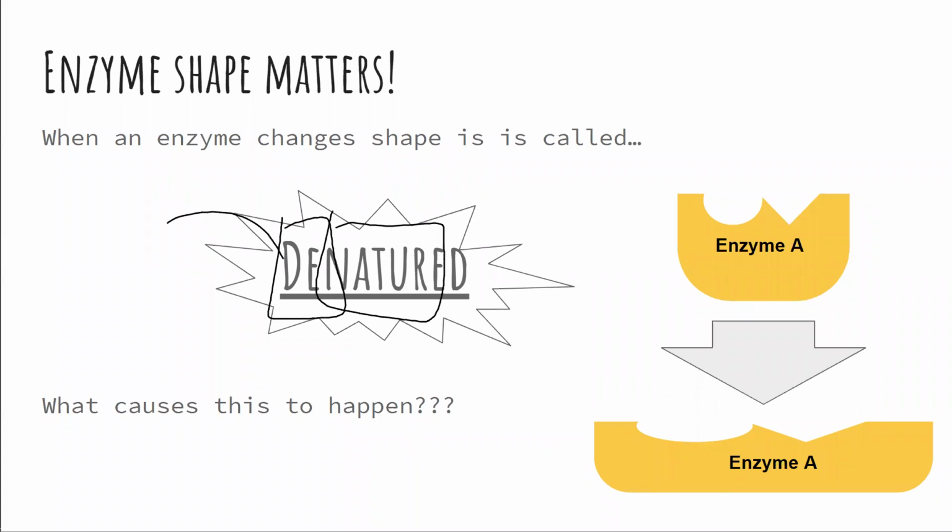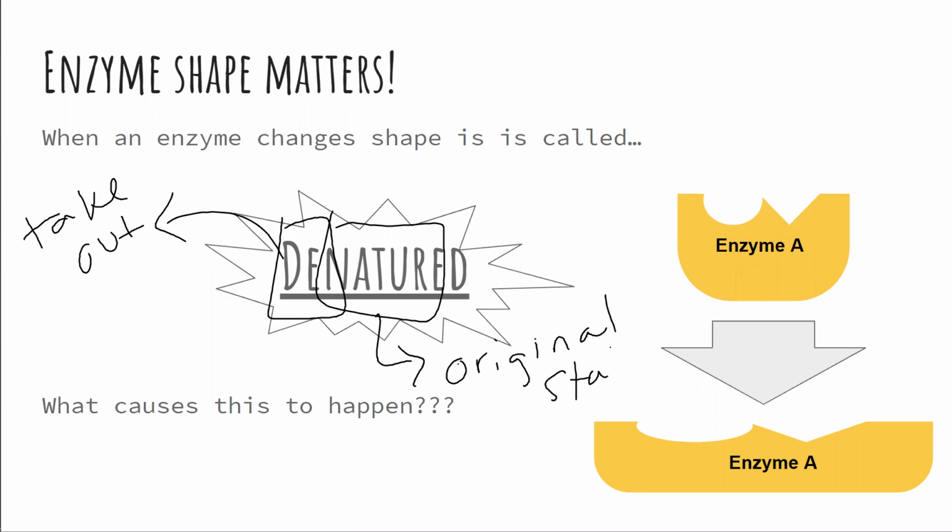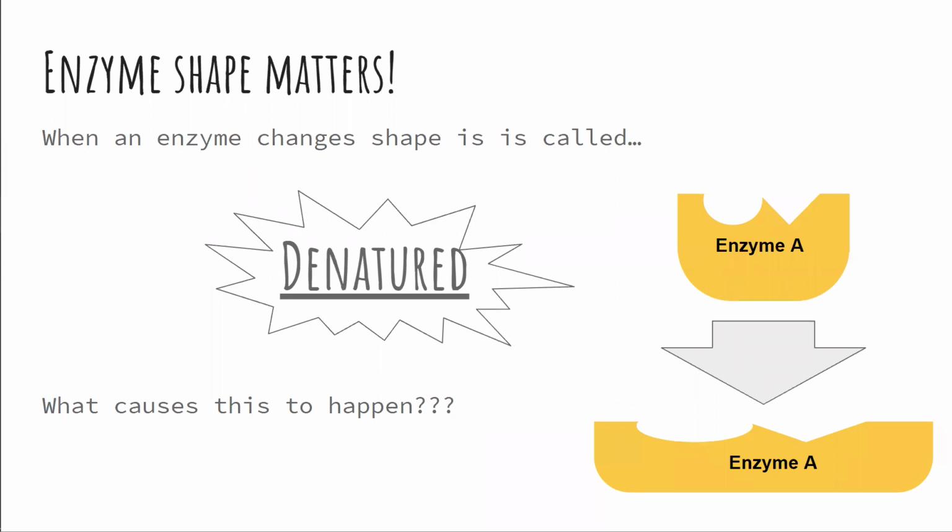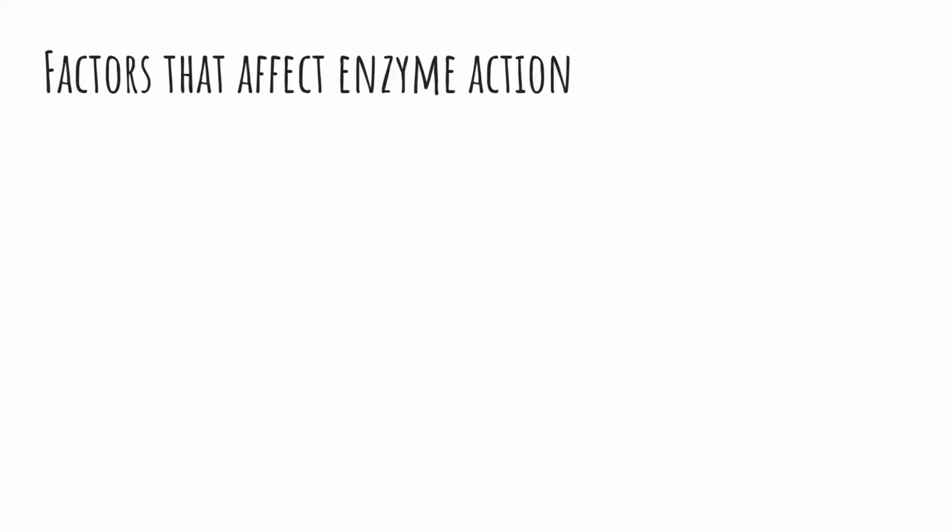De means to take out. And nature is your original state or your original being. So to be taken out of your original state, what is causing this to happen? What is causing this enzyme to be taken out of its natural state?